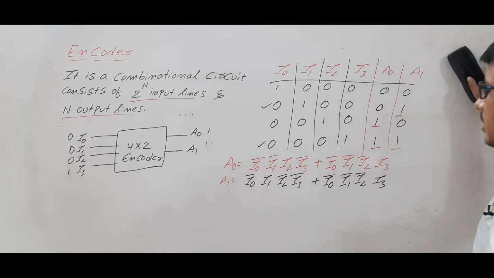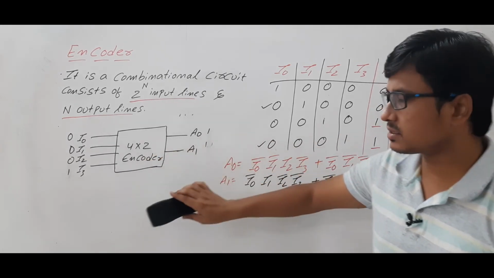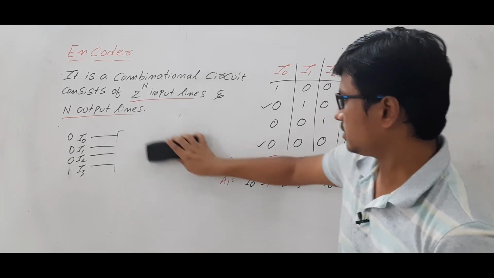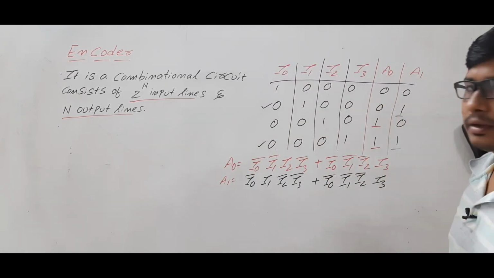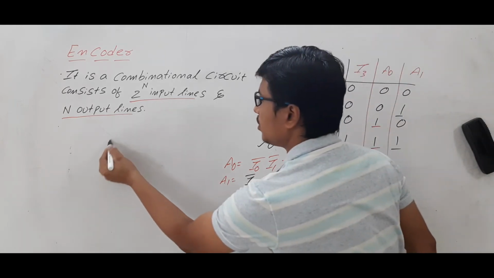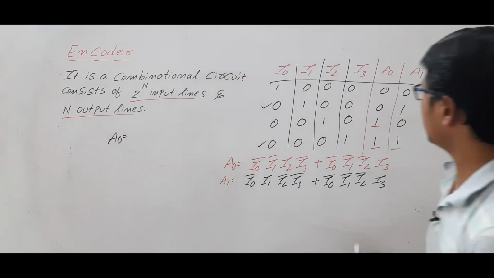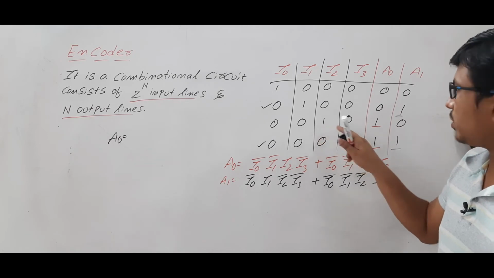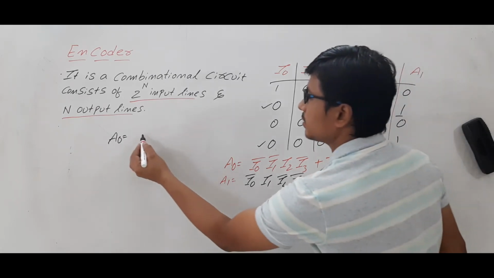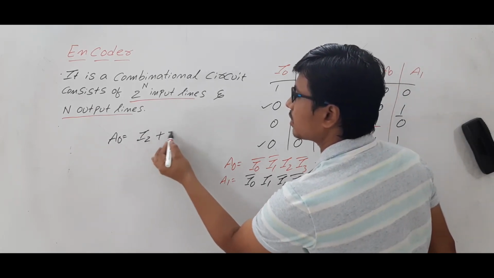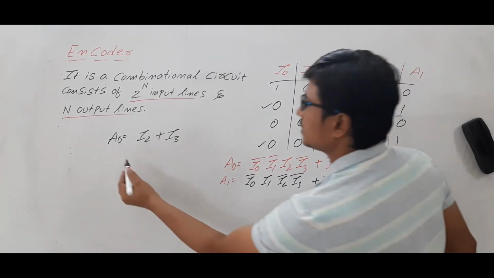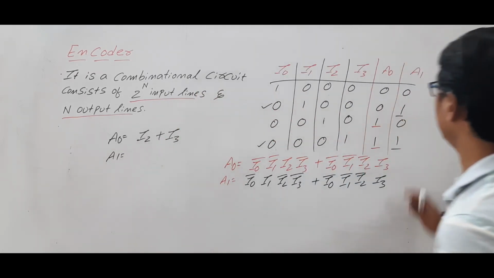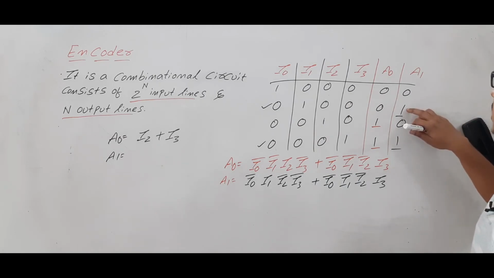Some people even represent it like this also. Can I erase this one? We can even represent it like this. How we can represent it is that A0 is equal to I2, where there is a 1, and I3, where there is a 1. We can represent it as I2 OR I3. Is it clear? And A1 is equal to, what is this one?